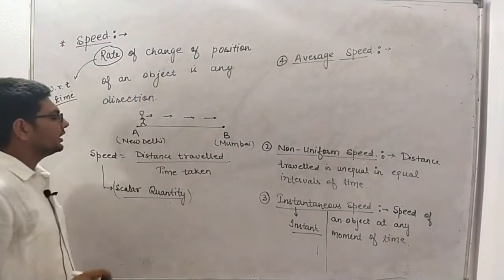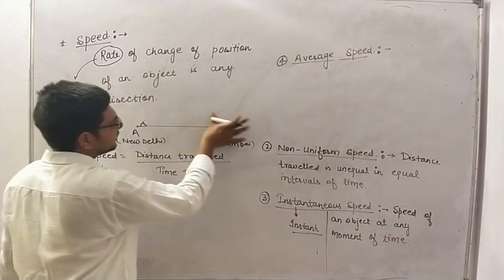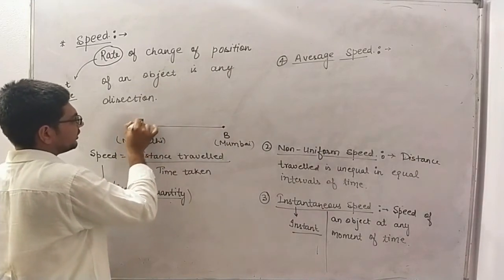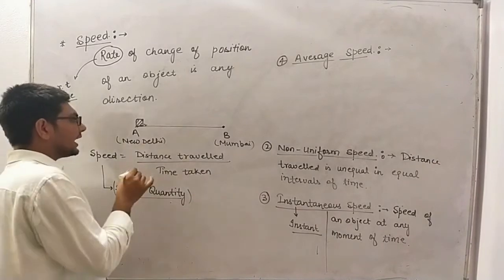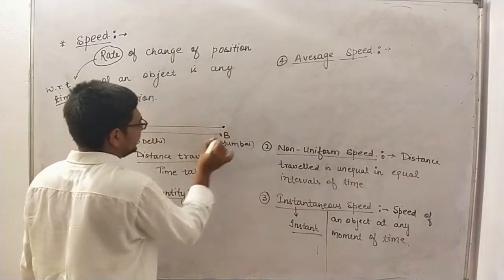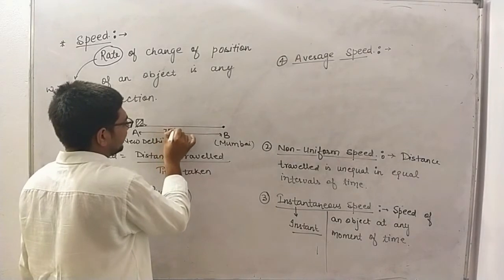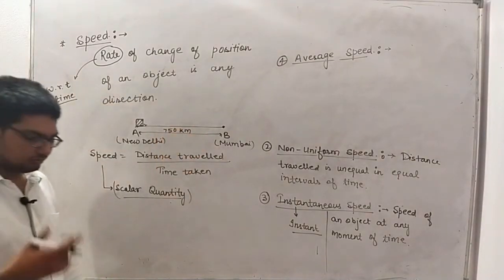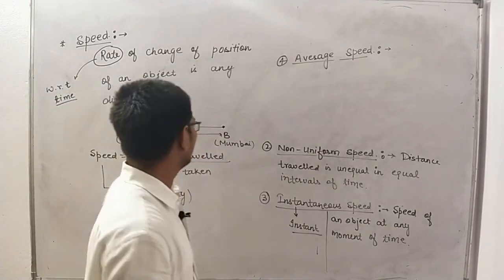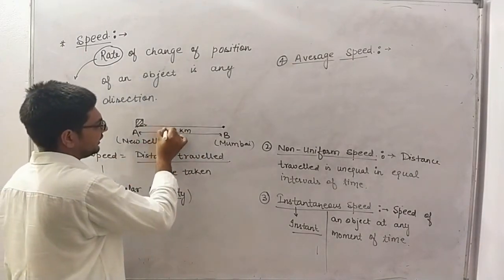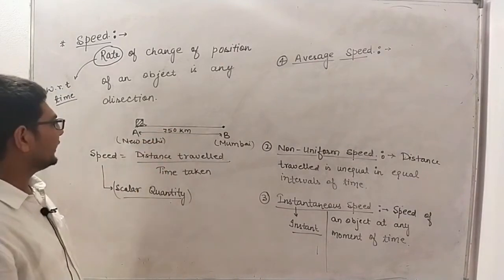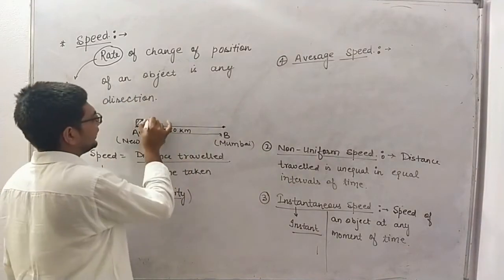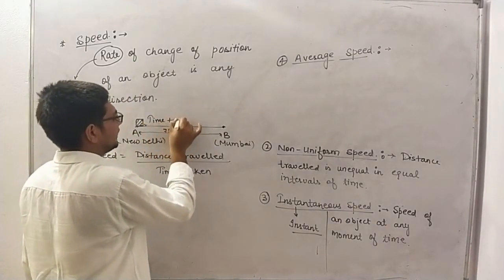A car is traveling from New Delhi to Mumbai, and the distance between New Delhi and Mumbai is 750 kilometers. Suppose that in 10 hours it moves from point A to point B, so the time taken is 10 hours.